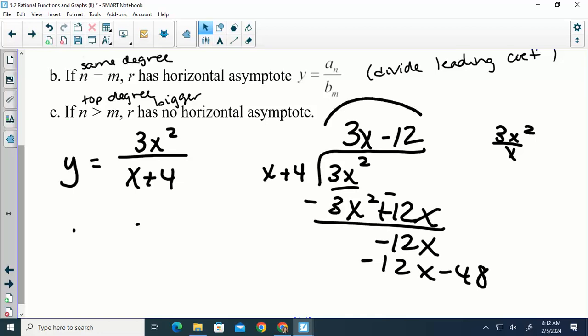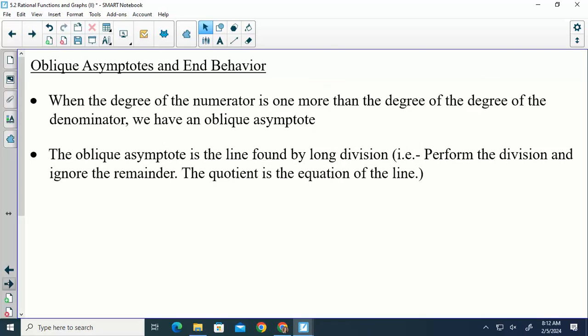So our asymptote, 3x minus 12, isn't that the equation of a line? Yeah. So if the top degree is 1 bigger, when you divide them, you'll have y equals mx plus b, a line. That's an oblique asymptote. So oblique, when the degree of the numerator is 1 more than the degree of the denominator. And to find it, we have to do the long division.